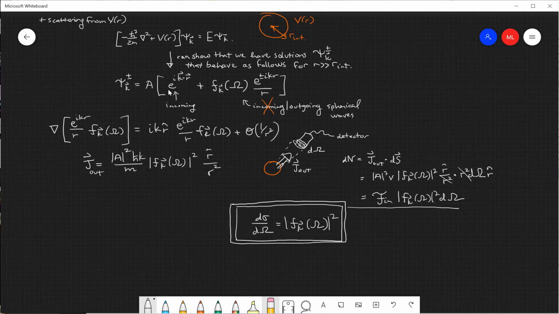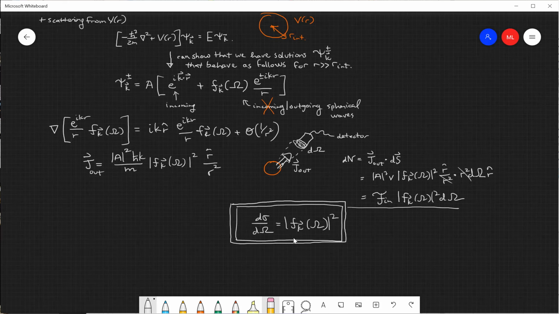So you would write this as e to the i kz, or if you want, e to the i k r cosine theta, and then this omega would be the spherical coordinates associated with the origin being at the center of the target, and you're looking at some angle away from the target, where your outgoing particles go.